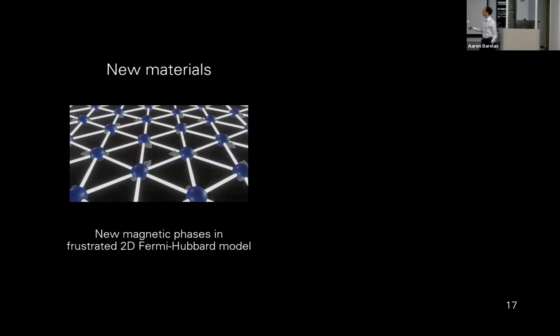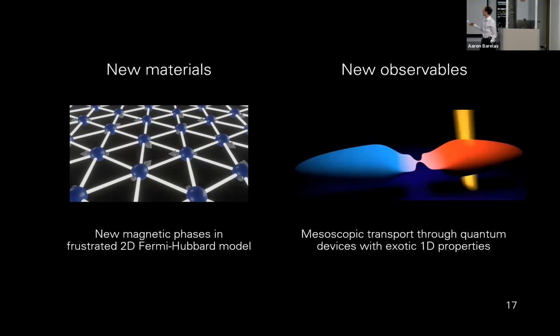And so more in detail on the experimental side, I will show how you can probe new phases of matter, frustrated phases of matter in lattices, as well as looking now from the physics point of view, how exotic 1D properties can emerge from a very, very small mesoscopic quantum wire.